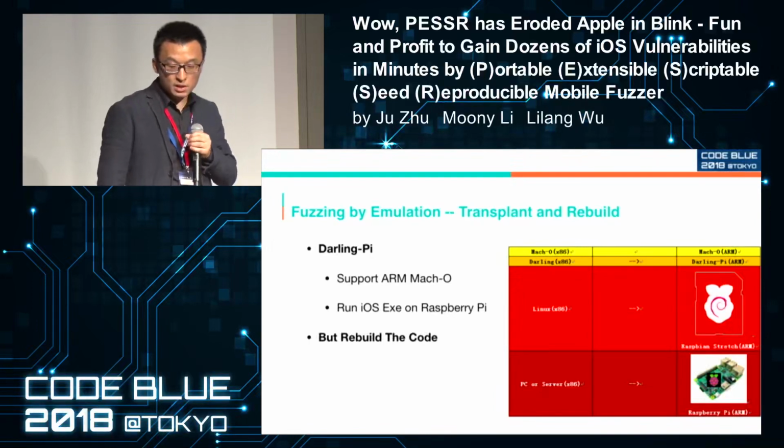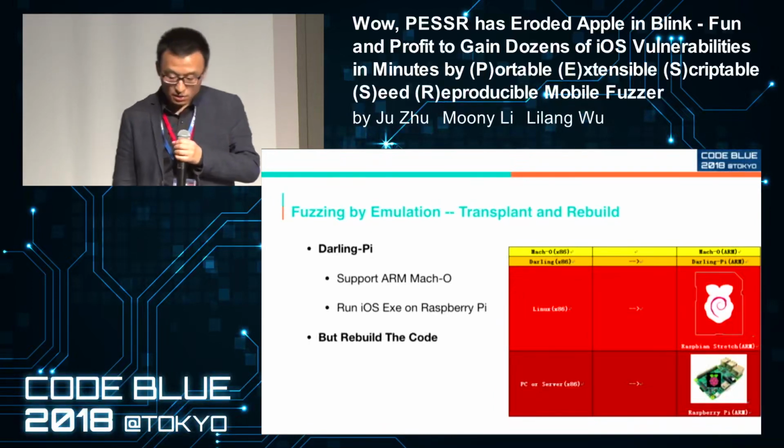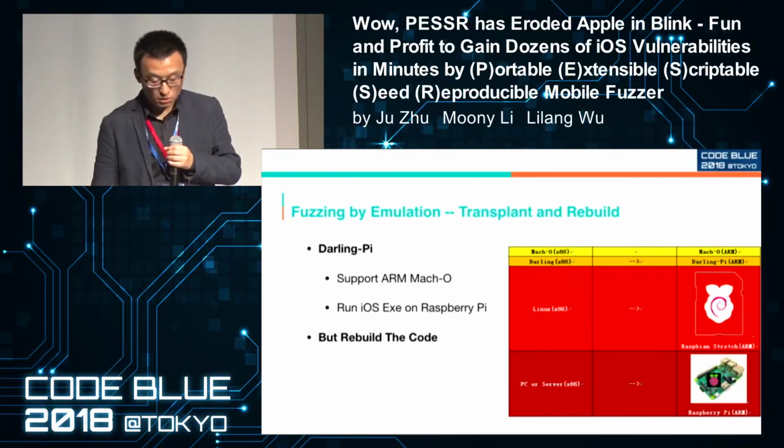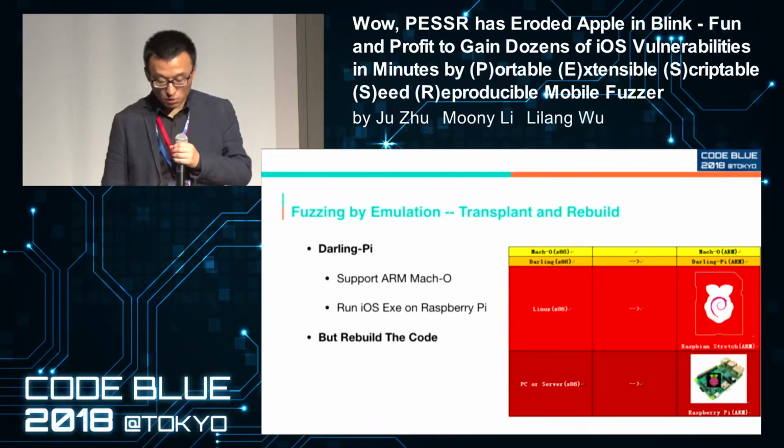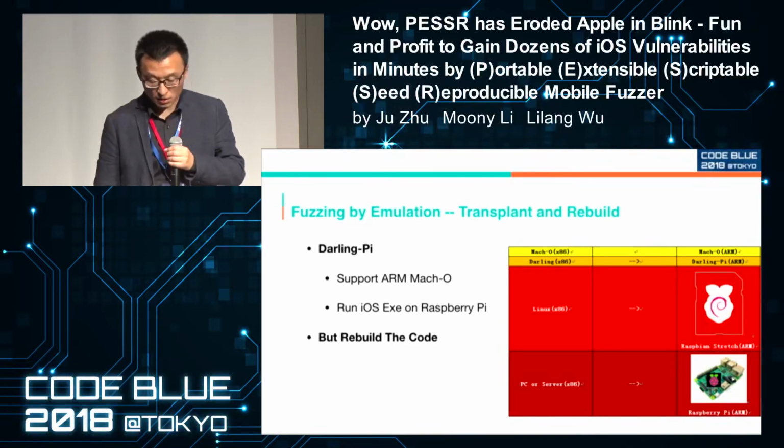The next thing we need to do is to let Darling support ARM-based Mach-O. Based on low-cost consideration, our goal is to port it to the Raspberry Pi. We call it Darling Pi in order to maintain name continuity.